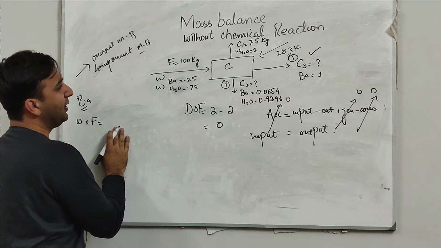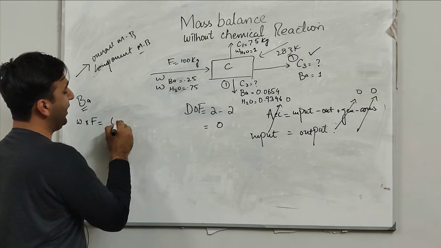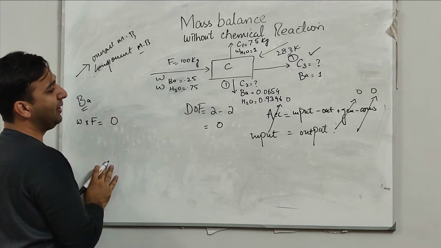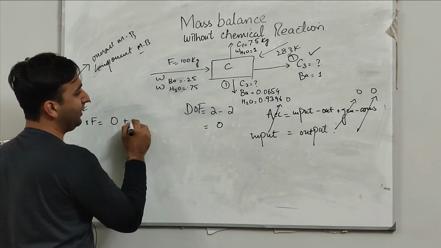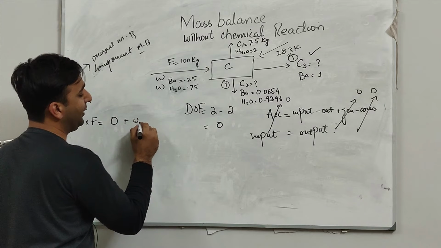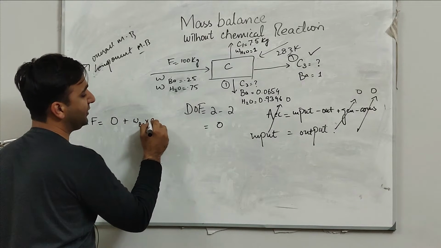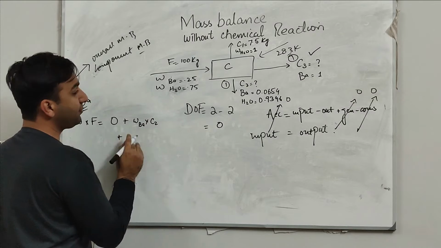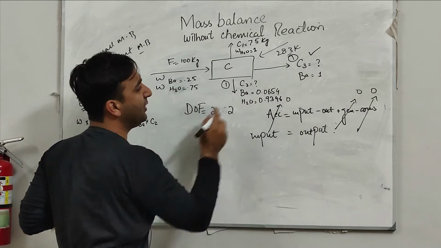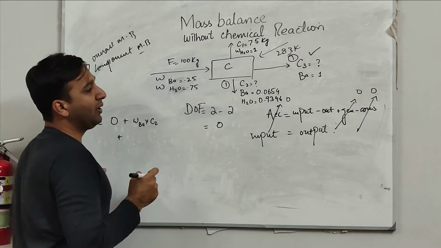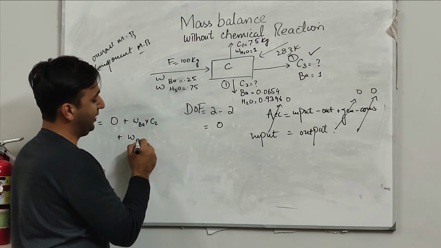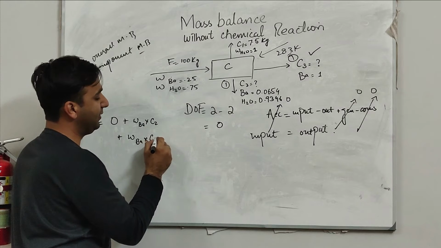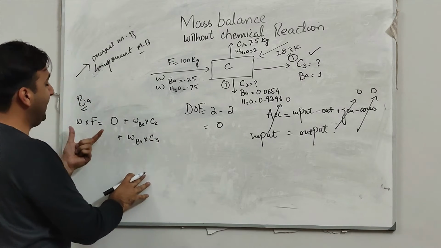In C1 we don't have any barium nitrate, so I will write it as 0, and in C2 you are having weight fraction of barium nitrate multiplied by C2, plus in C3 you are having all barium nitrate, so weight fraction of barium nitrate multiplied by C3.